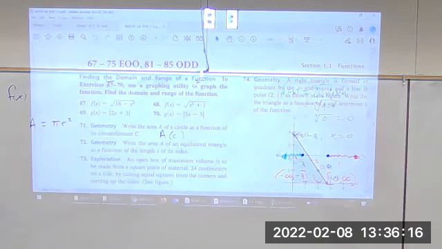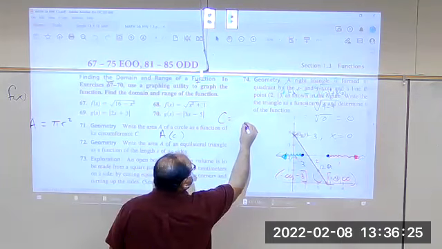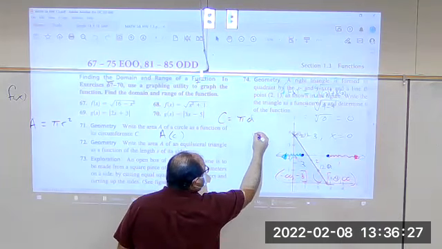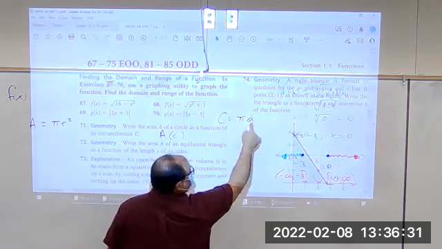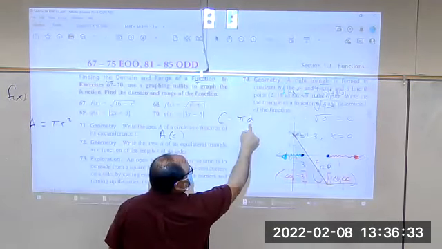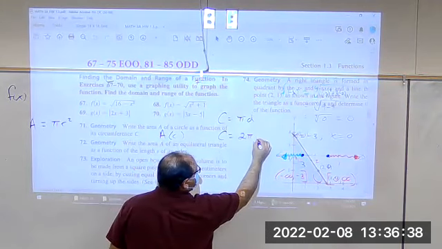Replace r with circumference. Well, you should know the formula for circumference. The circumference of a circle is pi times the diameter of the circle, or since the diameter is twice the radius, circumference is 2 pi times r.